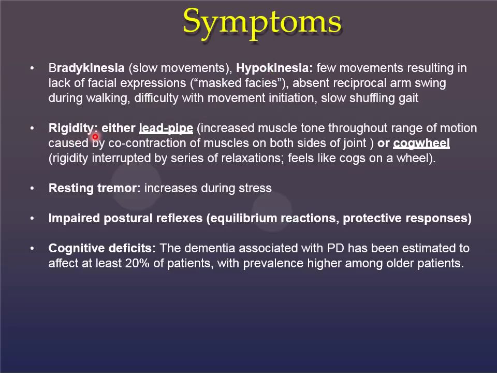There's rigidity, with a lead pipe or cogwheel type of rigidity, with much increased altered tone. There's a resting tremor and also impaired postural reflexes. These turn out to be among the most disabling features because people lose their balance if they start to be pushed off balance. And there may also be cognitive deficits.